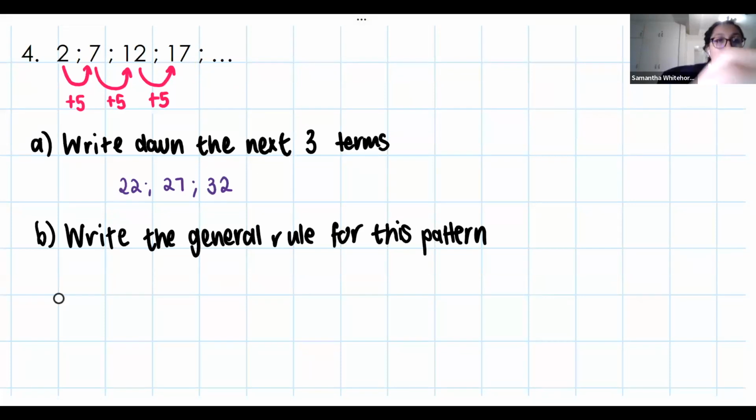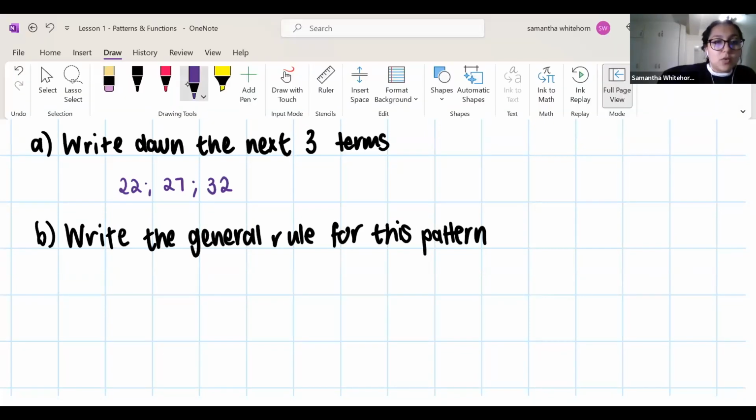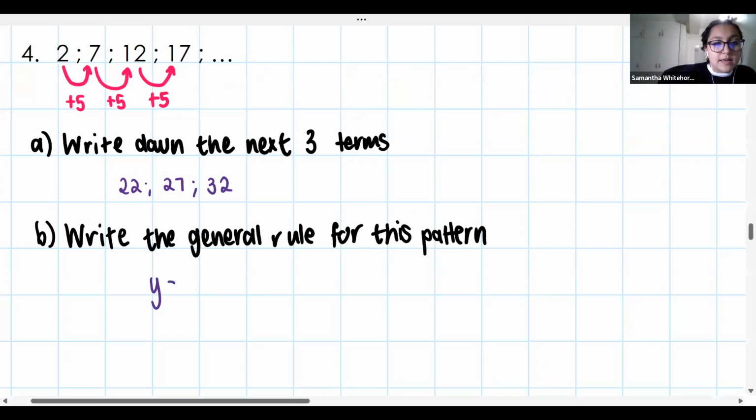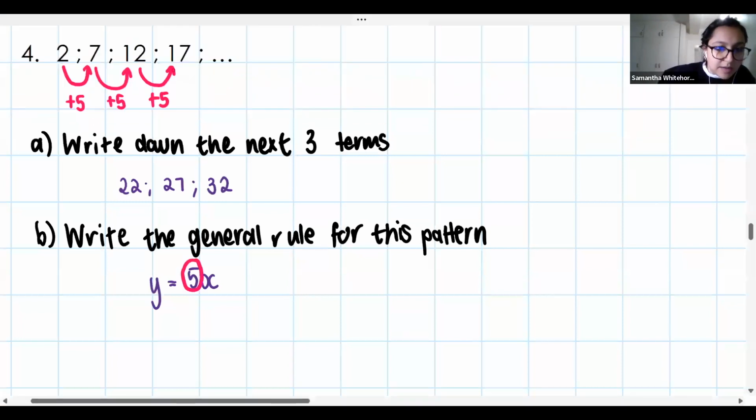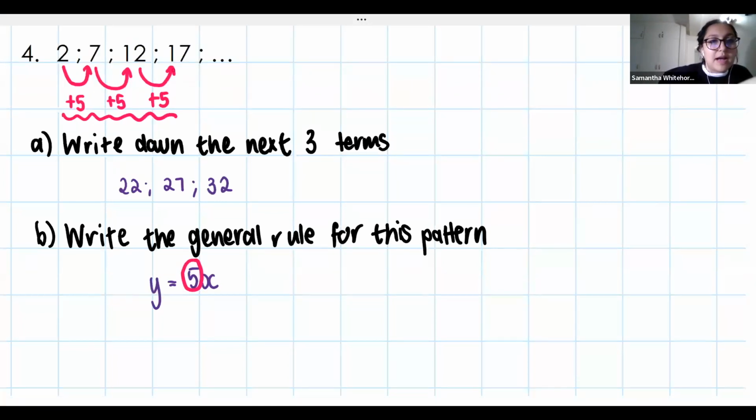So I automatically know I've got y is equal to 5x. That isn't my whole rule. I'm definitely not done, but it's a start because remember, this coefficient of x, the number in front of x, is what I'm adding or subtracting each time.